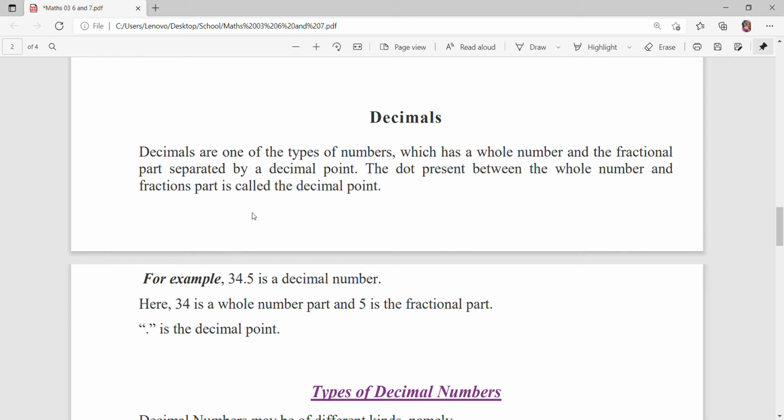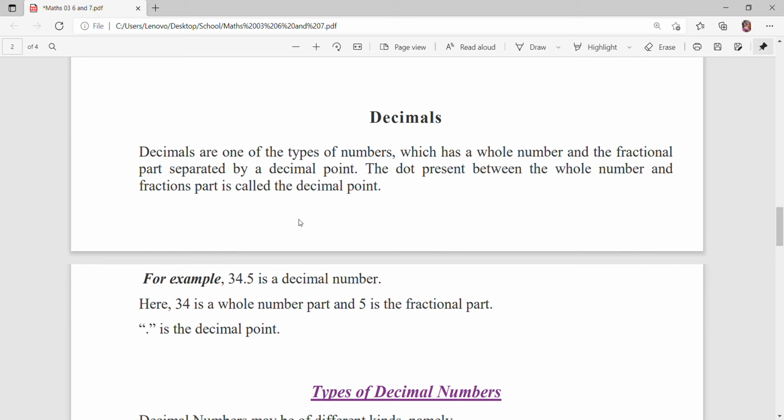We have learned 4 types of numbers now: natural numbers, whole numbers, integers, and rational numbers. Decimals are also a type of number, which has a whole number and a fractional part, and between them we represent a dot, which we call the decimal point.